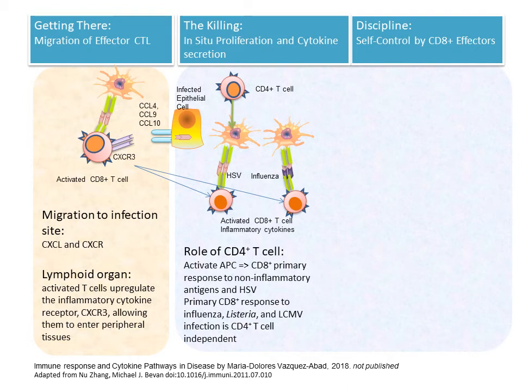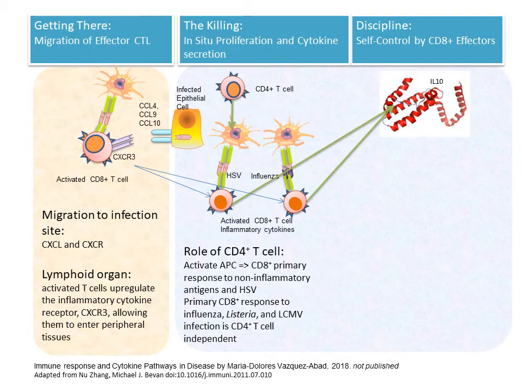Now, a very important thing of the immune system is an internal clock. This internal clock is a very interesting pathway where, interestingly, it is precisely these activated CD8 T cells that are the major producers of a single cytokine, which is called interleukin-10.